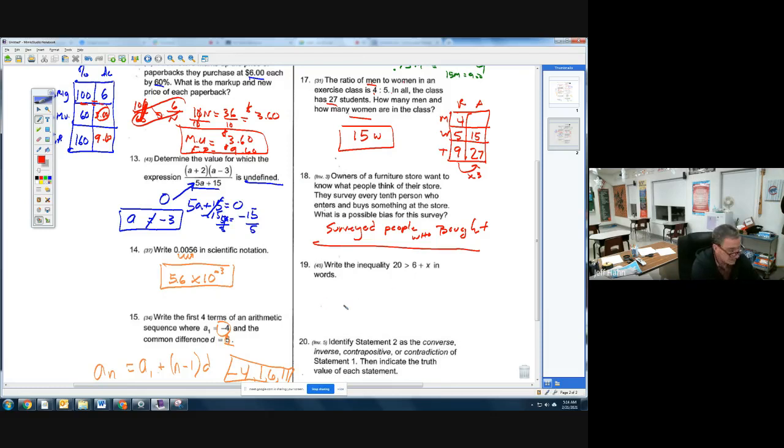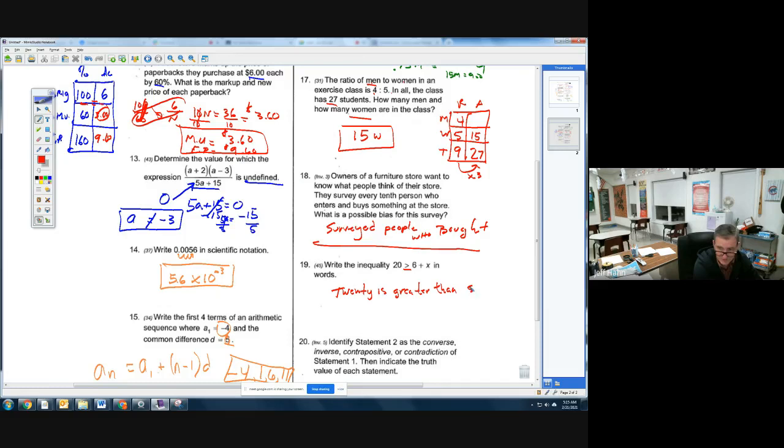Number 19, my least favorite problem here. It doesn't say to solve the inequality. So I guess this is just going to be this. 20. This is the greater than sign, so is greater than 6.